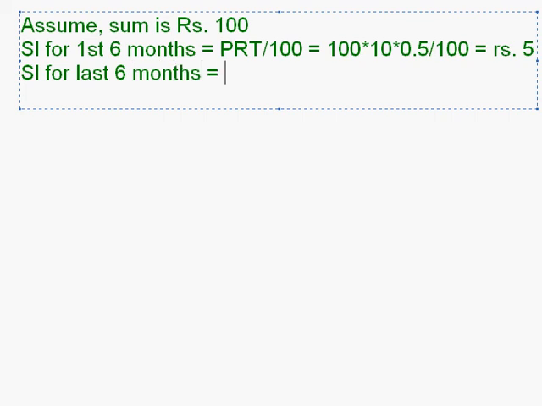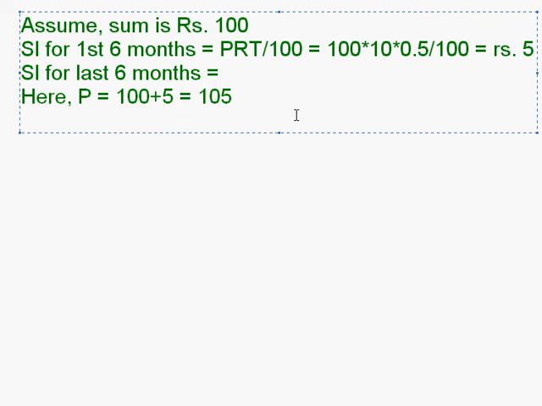Now simple interest for the last 6 months would be the same, PRT upon 100. But here the principal will not be rupees 100. Here P is not equal to 100. It will be equal to 100 plus the simple interest of the previous 6 months, that is rupees 5, because that has to be added, so it will be 105.